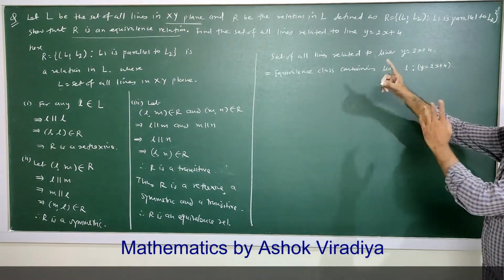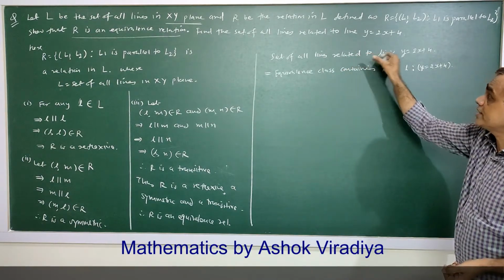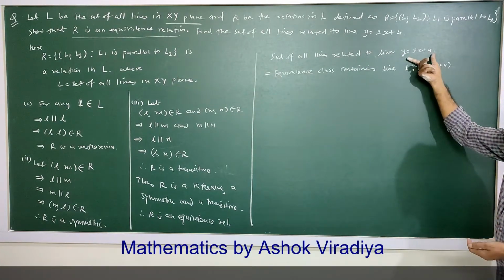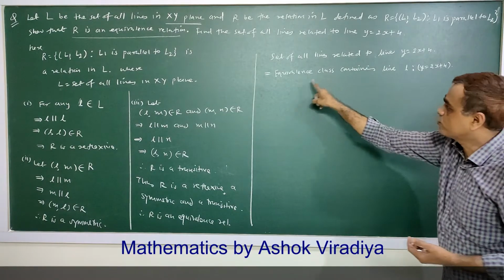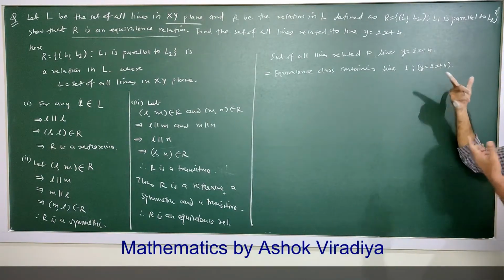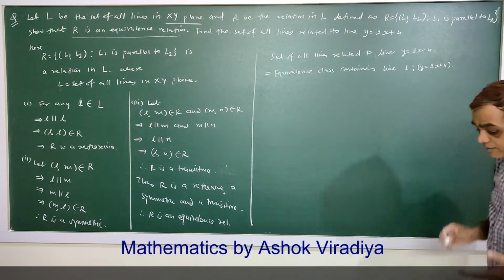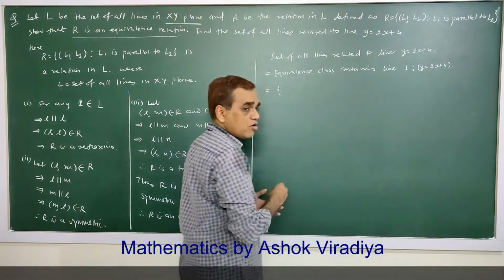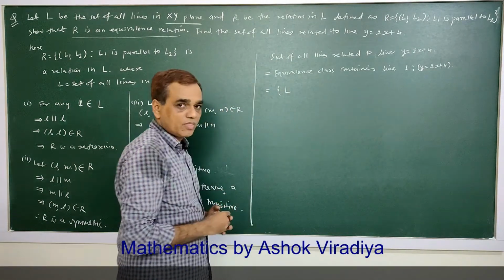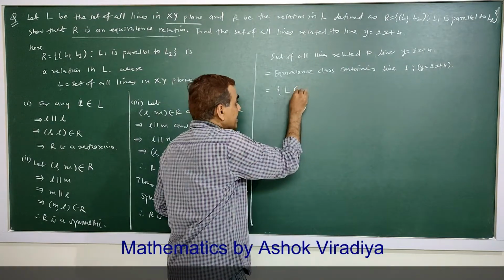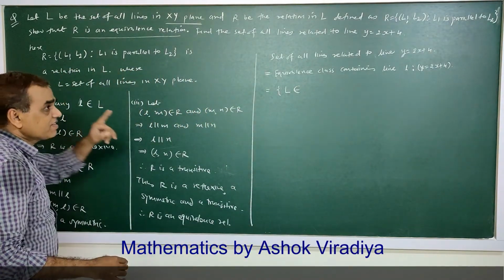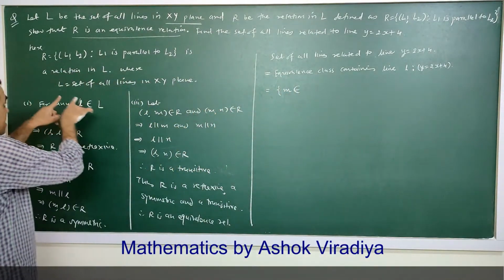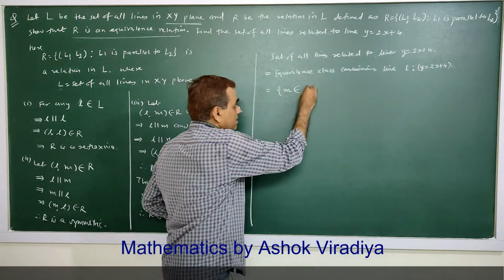The set of elements related to any element x means the equivalence class containing that element x. That means it is the set of all lines M belonging to L.